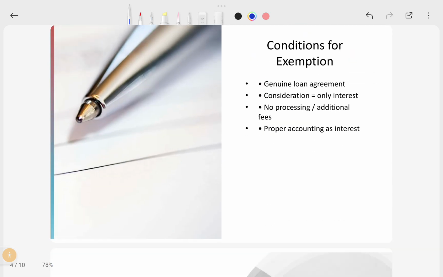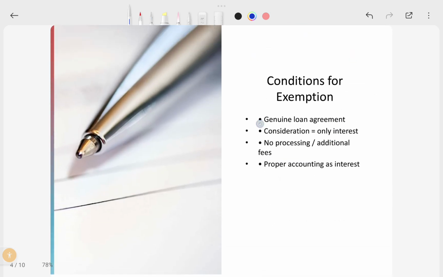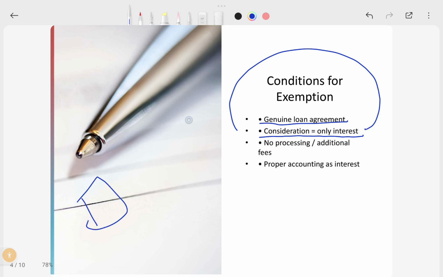Then what are the conditions for exemption? There should be a genuine loan and the consideration is only interest. There is no other relationship between these parties. For example, there is a company and a service vendor. He gives a loan to the company.